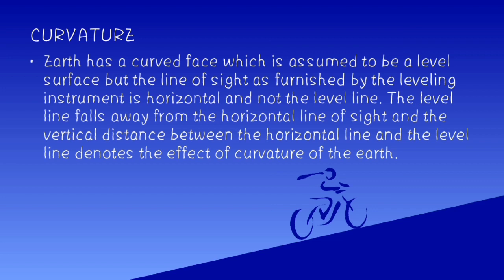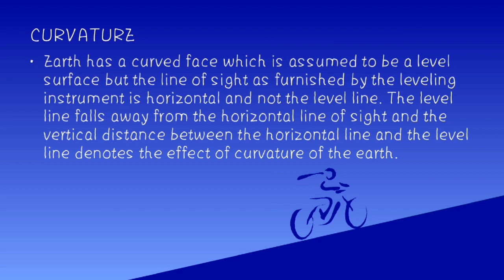So curvature. Earth has a curved face which is assumed to be a level surface, but the line of sight as furnished by the leveling instrument is horizontal and not the level line.